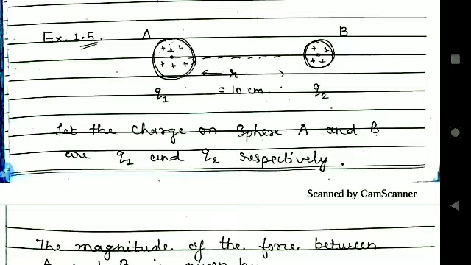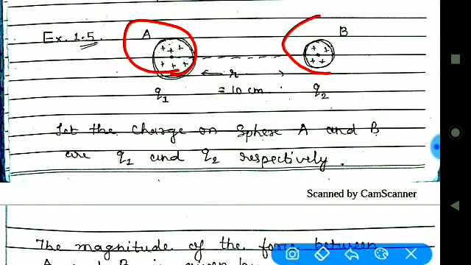Now finally the proper solution of example 1.5. Initially, spheres A and B are given. The charge on sphere A is indicated by Q1 and the charge on sphere B is indicated by Q2.